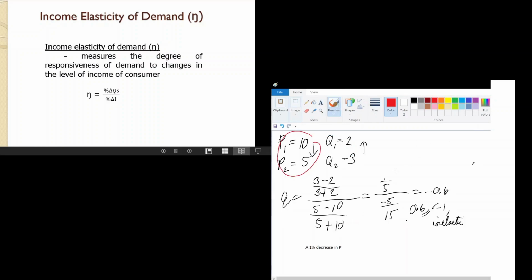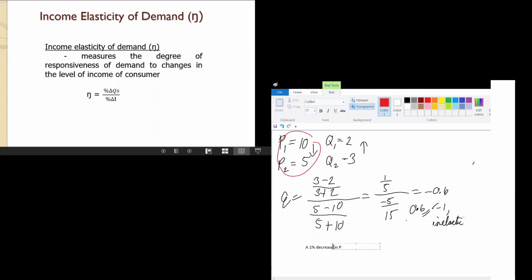A 1%, wait lang. Hindi pala siya na-edit. So, let's make another box here. Susulat ko na lang siya ulit. So, a 1% decrease in price causes a 0.6% decrease or increase.